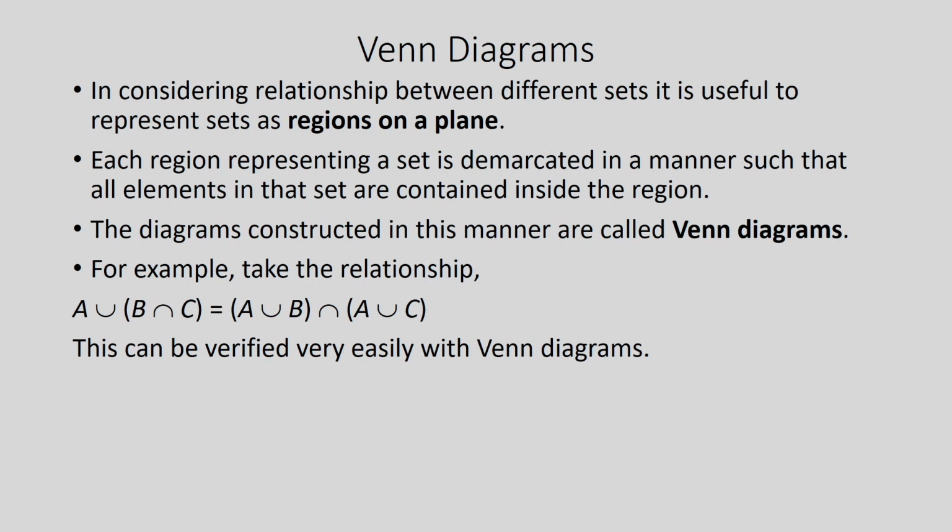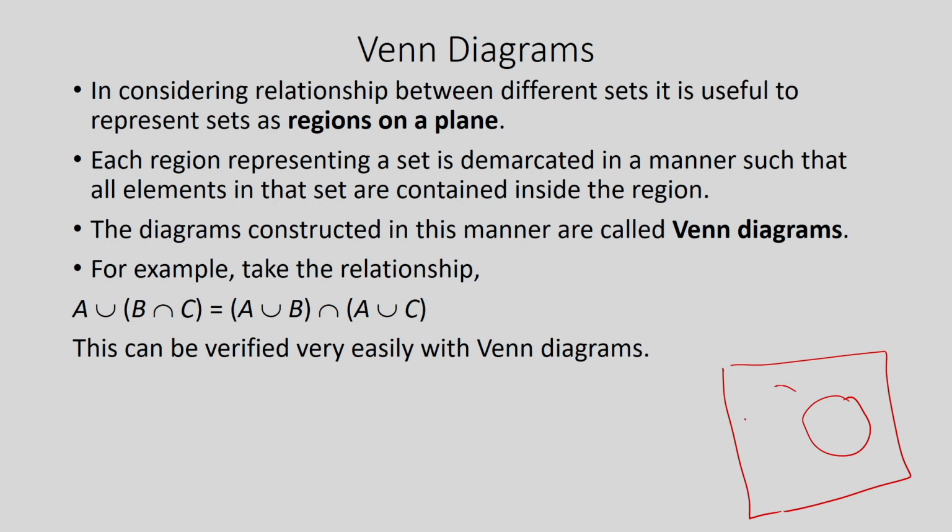In considering relationships between different sets, it is useful to represent sets as regions on a plane. So, suppose this is the plane that I am talking about, right. This is itself a plane, a two dimensional plane. So, some regions could be thought of as consisting of those elements which belong to a set. So, this circle that I have drawn here basically contains all the elements which belong to a set.